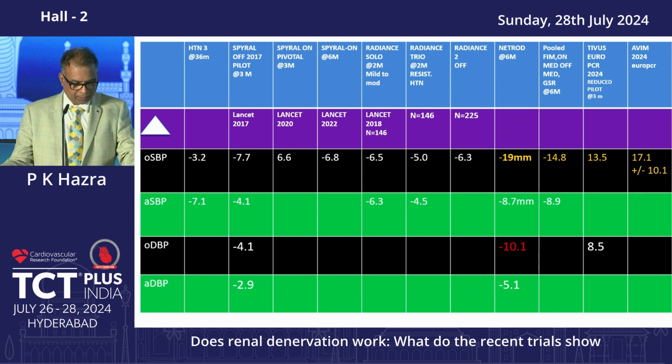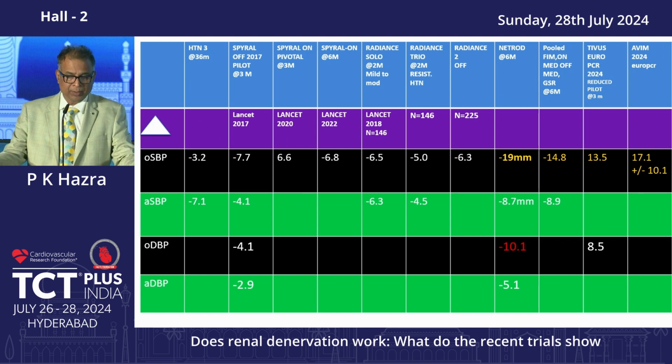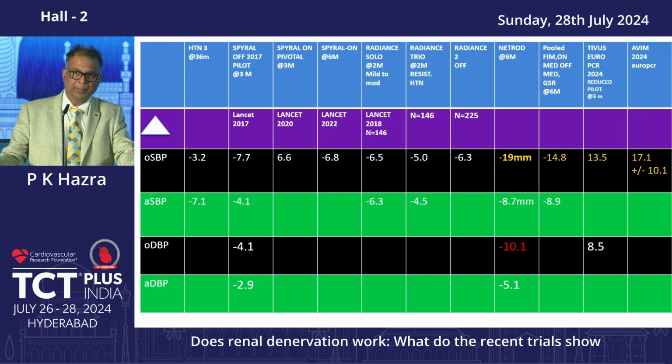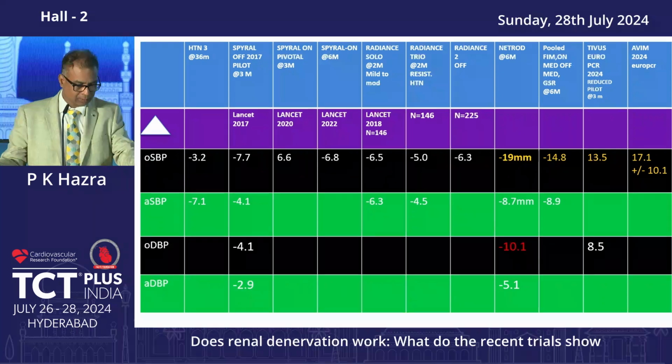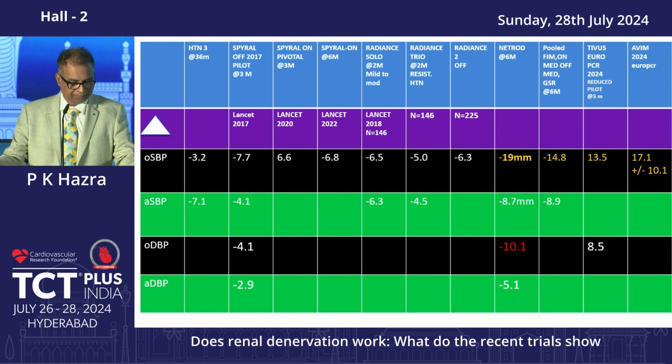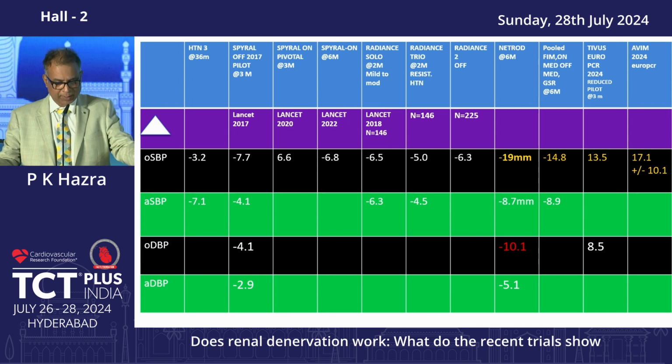Now this is the price slide of mine. This is delta on the left. So what are the parameters you measure? Office, A means ambulatory, diastolic blood pressure, or ambulatory diastolic blood pressure. Ajay Kirtane has presented long-term data on Simplicity.